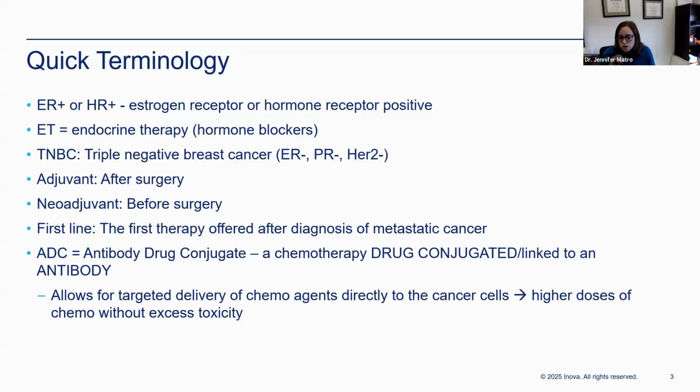All of the new drugs that have been approved for breast cancer, but a lot of other cancers too, are these ADCs or antibody drug conjugates.